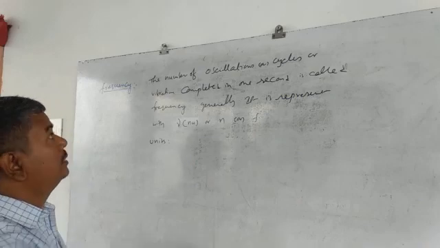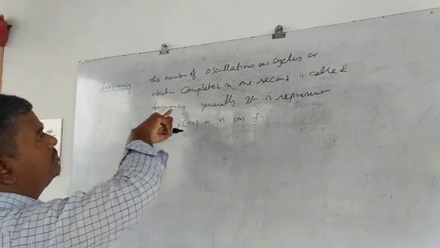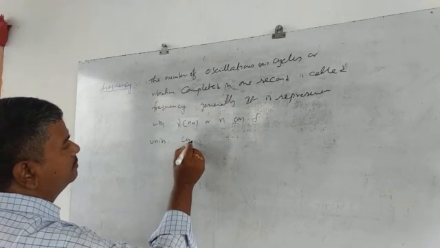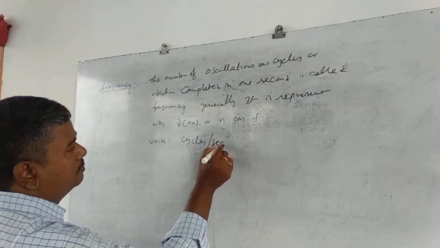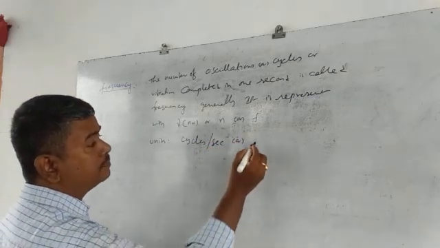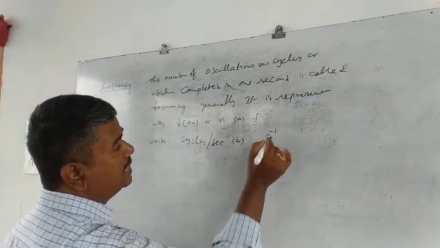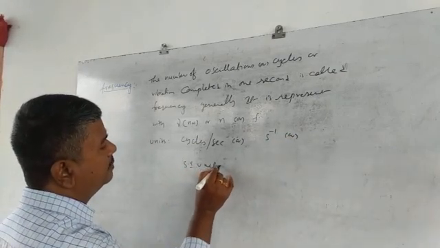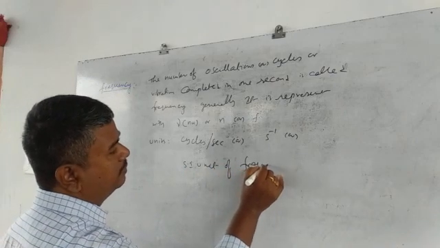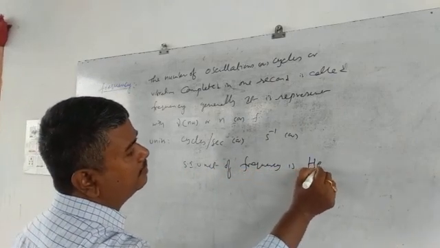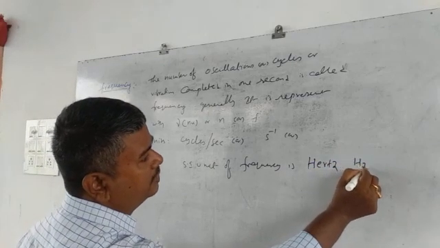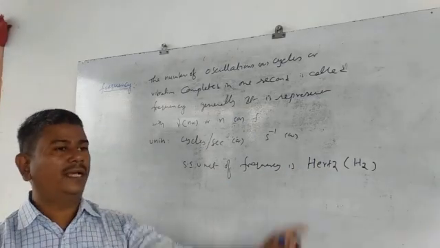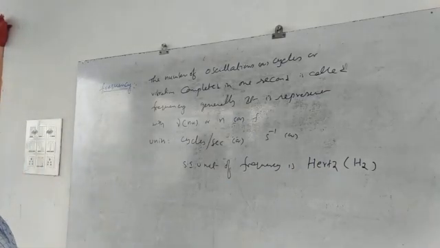Number of oscillations or cycles or vibrations per second, so cycles per second or second inverse. The SI unit of frequency is Hertz, which is represented with Hz. The SI unit of frequency is which one? Hertz.